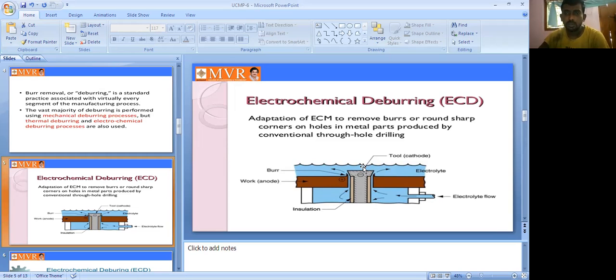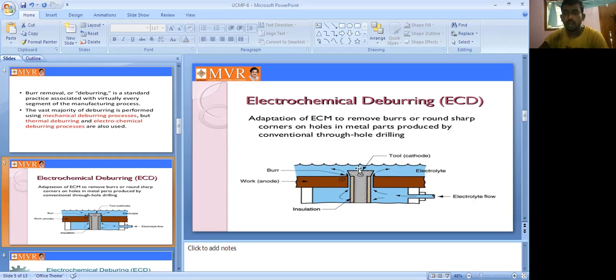See here, this is the tool. When the tool is moved forward and backward, the workpiece surface changes here. The rough surface becomes a smooth surface. It is one of the finishing operations. These are the parts: first, the cathode is the tool and the anode is the workpiece. This is the insulation, this is the electrolytic flow, and this is the burr.